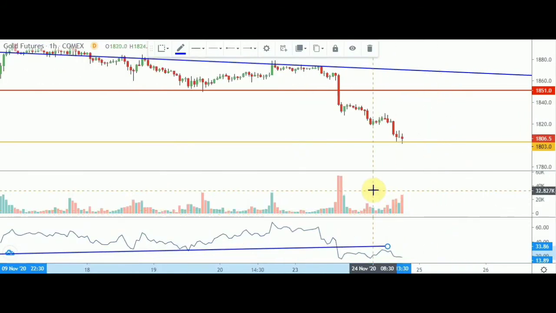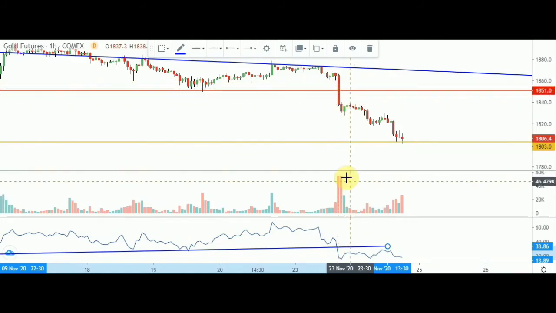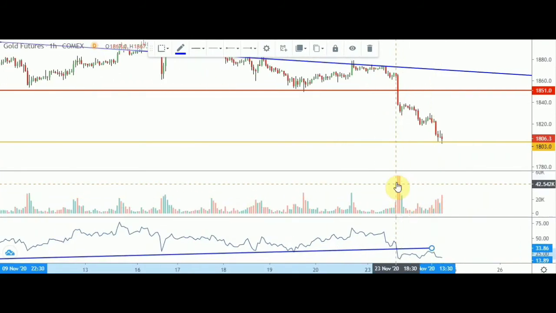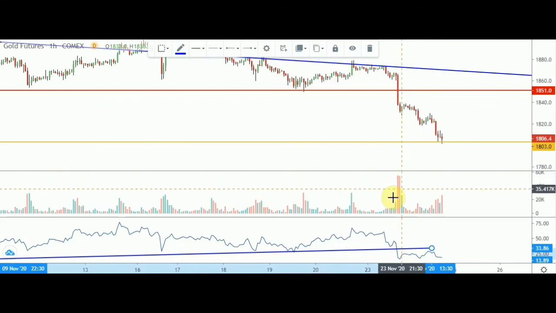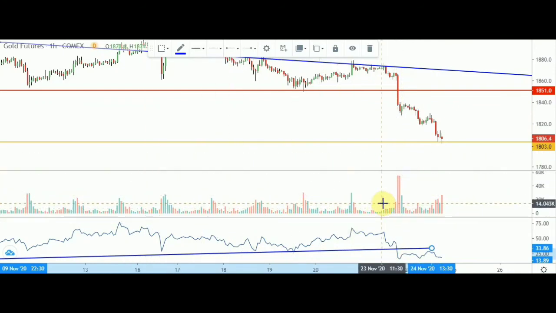I got this trade in this particular candle, this big red candle. I got this confirmation along with the volume. You can see the volume bar is quite big compared to the previous histograms, so it automatically signifies a lot of importance.